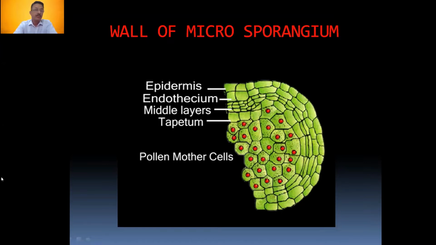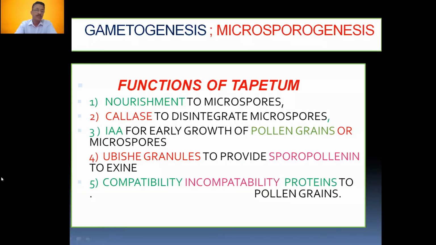Inside the tapetum, there is a large mass of cells called pollen mother cells, or sporogenous tissue. The innermost part of the wall of the microsporangium is the tapetum.